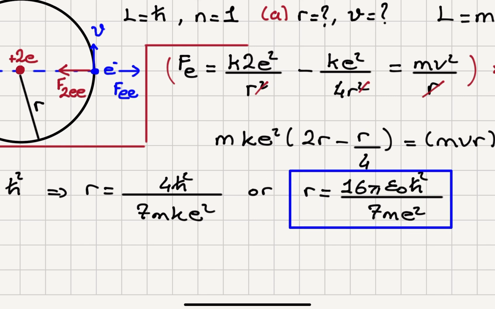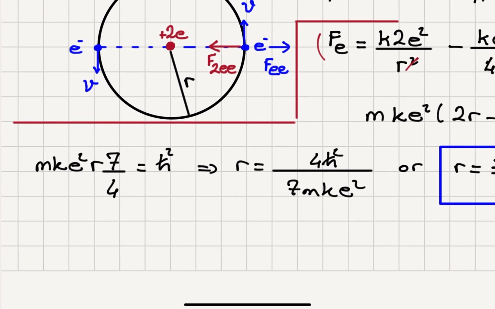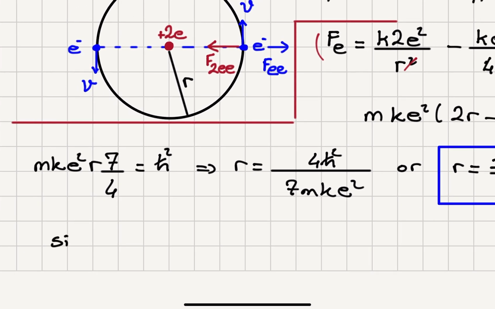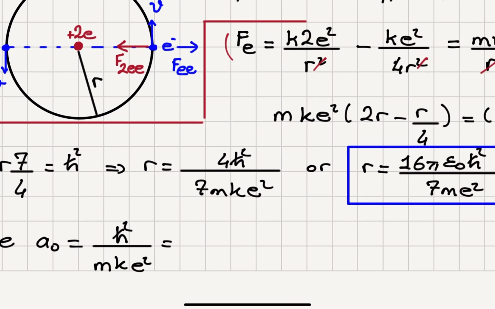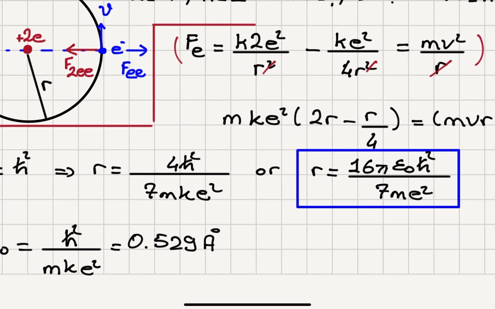And since I have the Bohr radius a0 equal to h bar squared divided by mke squared, a known quantity, this is 0.529 angstroms, and r is equal to 4 divided by 7 Bohr radii.